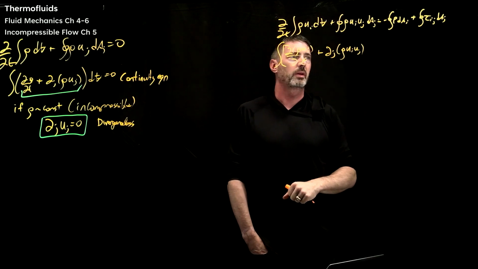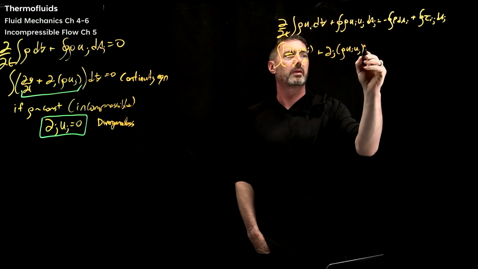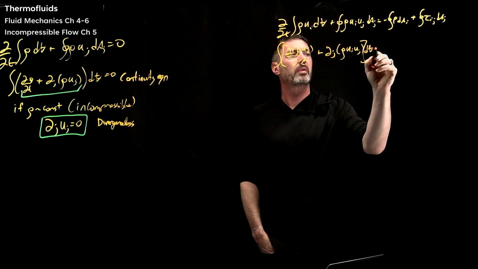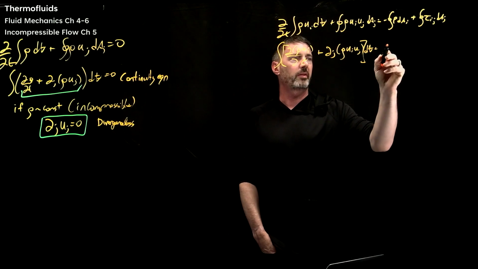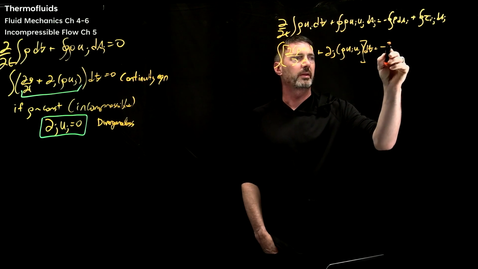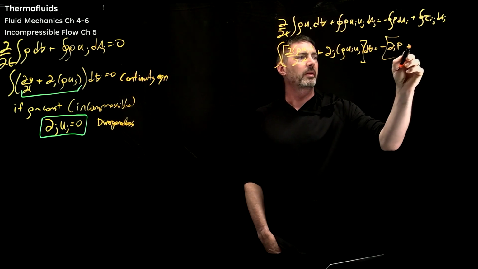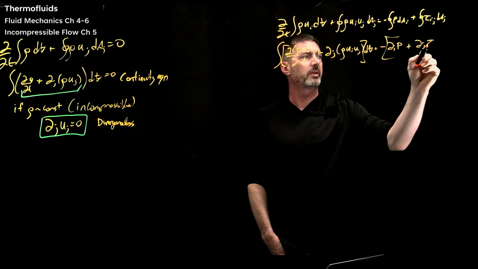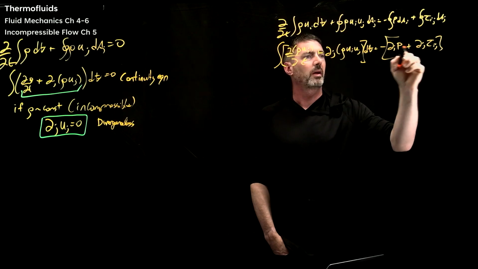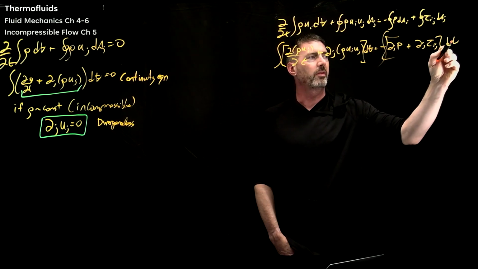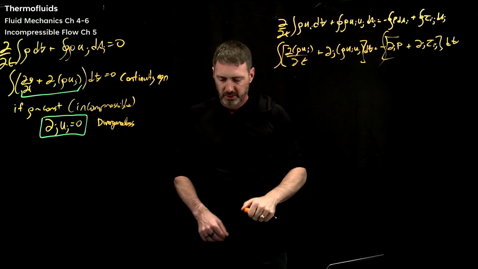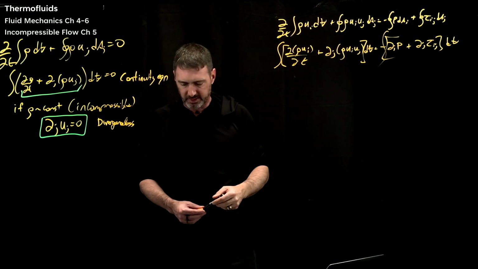And that's all d volume. And then I'll also say that this is equal to negative del j p, and then pick up a del j tau ij. And so that way that whole thing is also d volume.